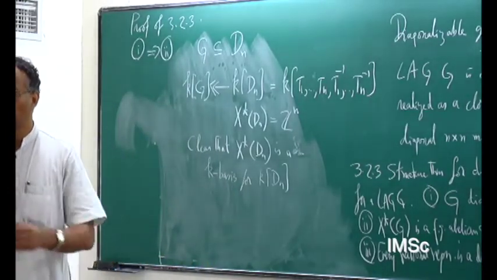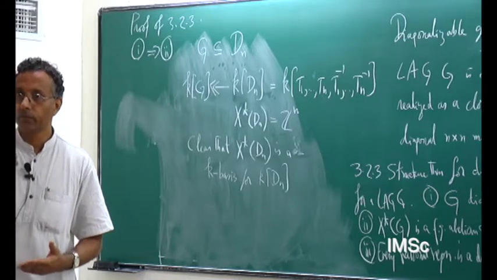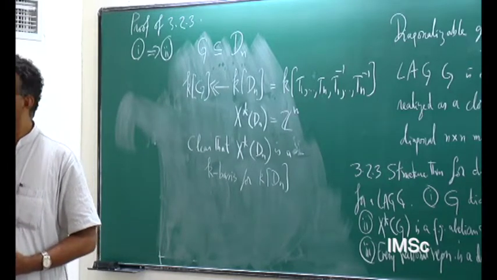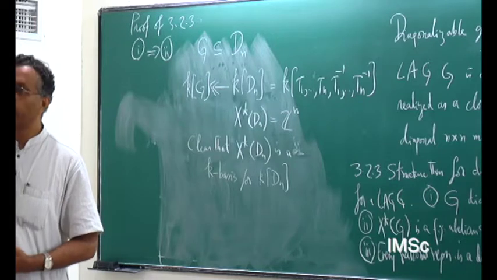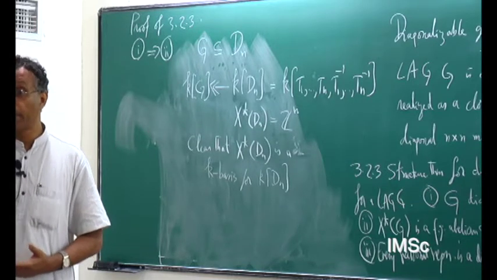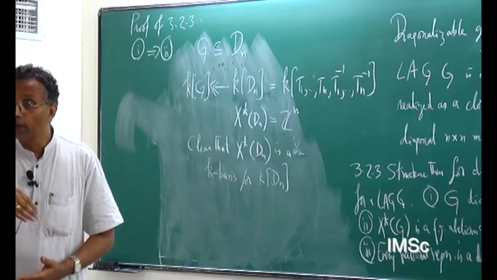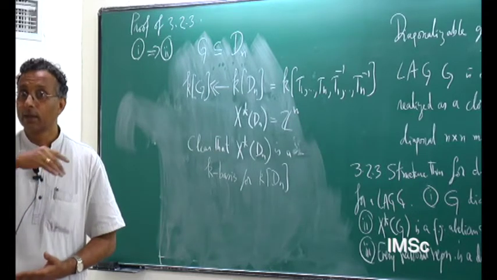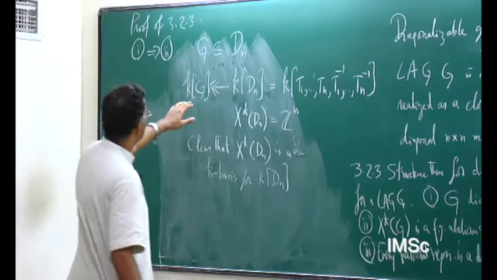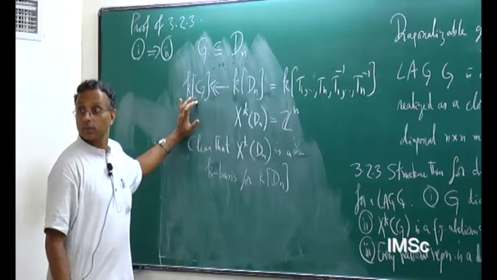right. Okay, now you have an onto map. You take a basis here, and the image of the basis, I am not saying the image of the basis is a basis, but the image of a basis is a spanning set for K[G], right.